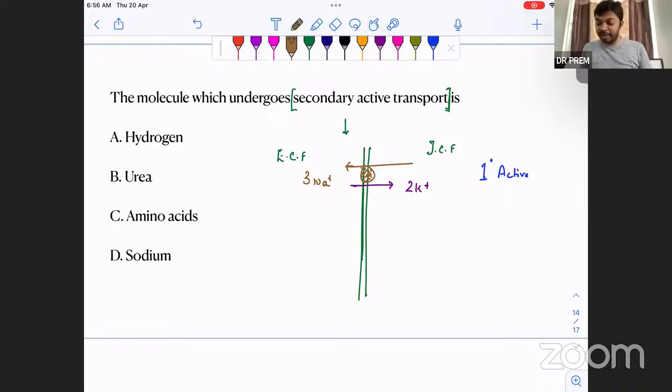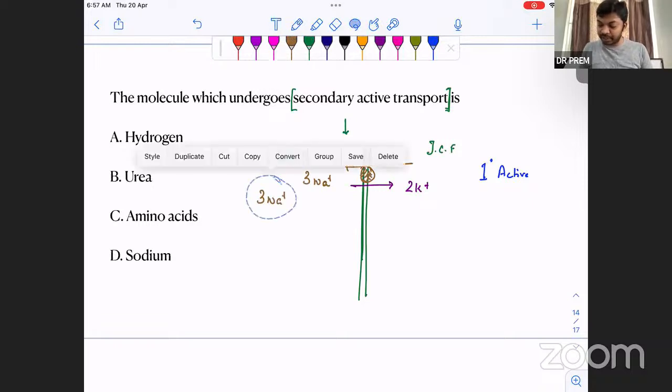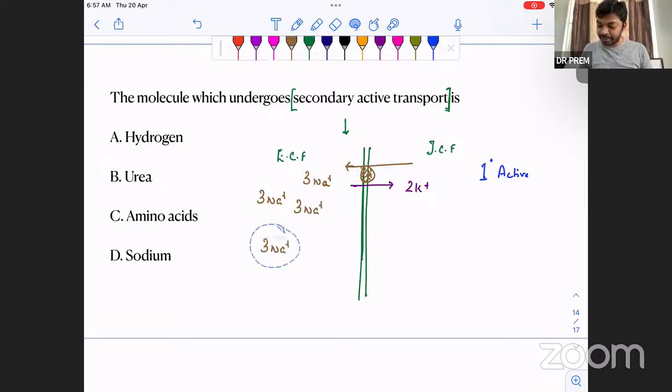Since sodium potassium ATPase continuously keeps working, it keeps on pumping 3 sodium out of the cell, doctors. So this is one very important reason why there is a good amount of sodium in the extracellular fluid. There is too much sodium in the extracellular fluid.